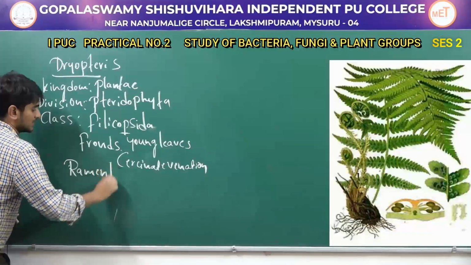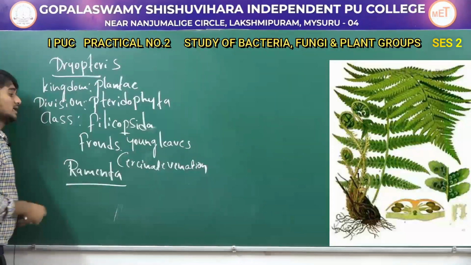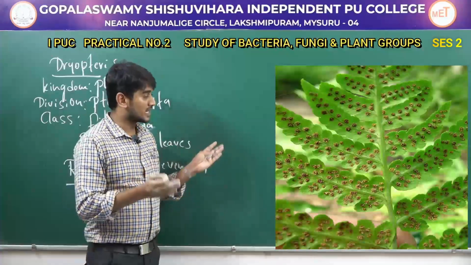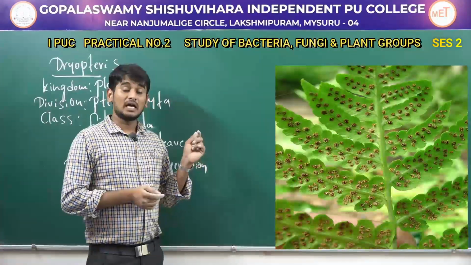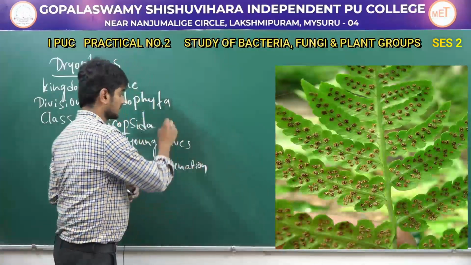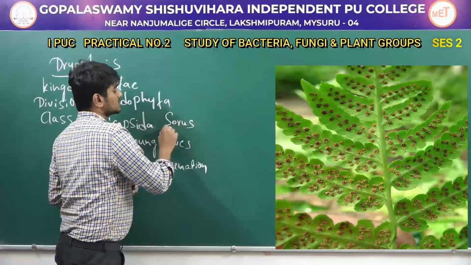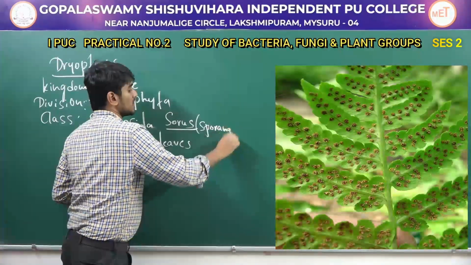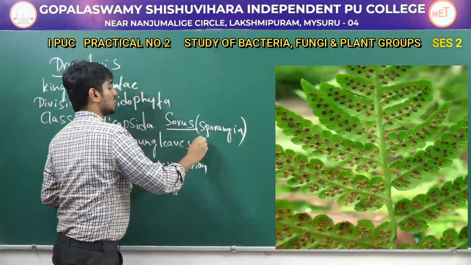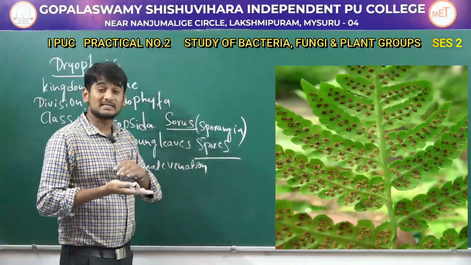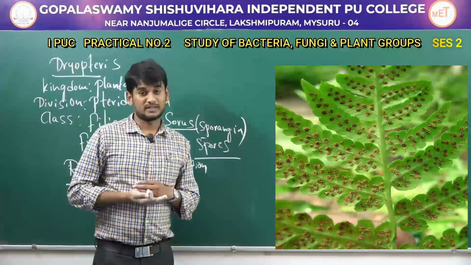And the midrib of the compound leaf shows leaflets on either side, and each leaflet has sori with sporangia. So these sporangia release a number of spores. So this sorus is present on the ventral side of the frond.